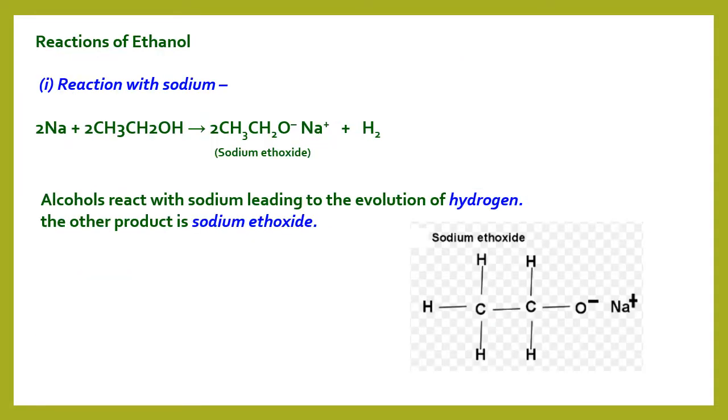Reactions of ethanol. Reaction of ethanol with sodium. When ethanol reacts with sodium, it gives hydrogen and sodium ethoxide. Okay, this is the chemical equation of reaction between sodium and ethanol. 2Na plus 2CH3CH2OH. Let me remind that it can be written like that, 2C2H5OH.